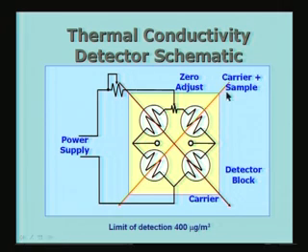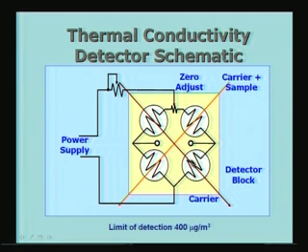Therefore, the amount of heat transfer from the filament to the block will depend on the temperature of the filament. If one of the filaments is at a higher temperature, more heat will be lost from there. But the block itself will be at almost constant temperature, because it is a very heavy mass which is maintained at a constant temperature. Therefore, it provides a heat transfer environment for the detectors.